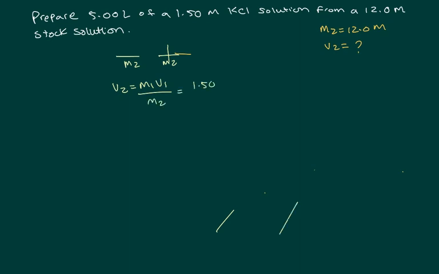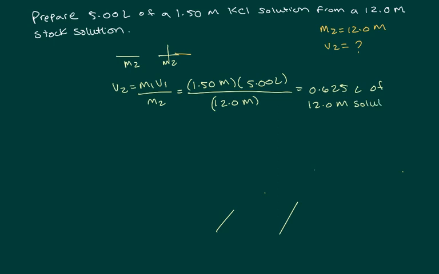So 1.50 molar times V1, which is 500 liters, divided by our stock solution molarity, gives us 0.625 liters of 12.0 molar solution. Or this is our stock solution, okay?